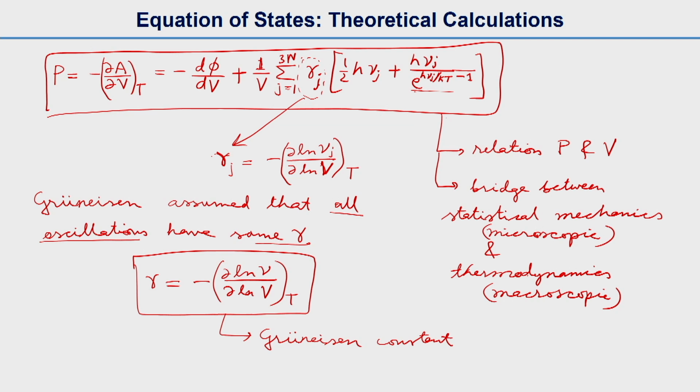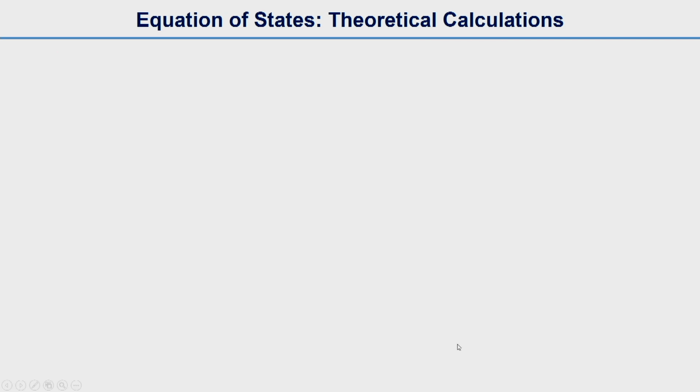The Grüneisen constant will be required because we will now write the Mie-Grüneisen equation of state. That's what we were showing, a theoretical calculation of shock waves. We are not deriving these equations, we just will write the expression.